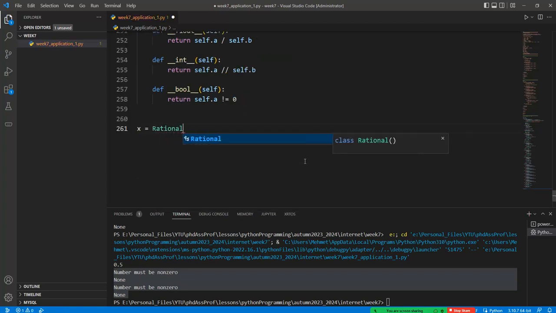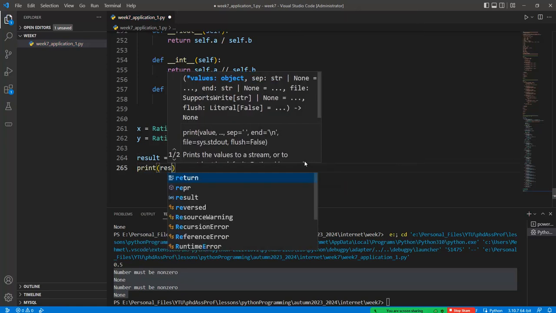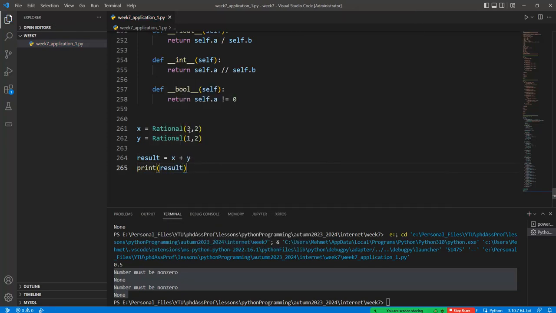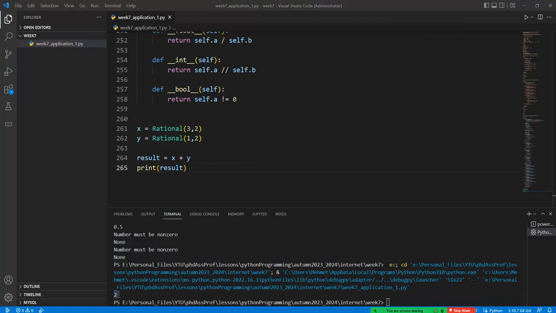We have the rational number here, for example 3 and 2, and y is equal to the rational number 1, 2. Firstly, the result of x plus y can be given with the result values of this term. 3 plus 1 is 4, and this is the denominator, and so this must give the 2 value. Voila, okay?